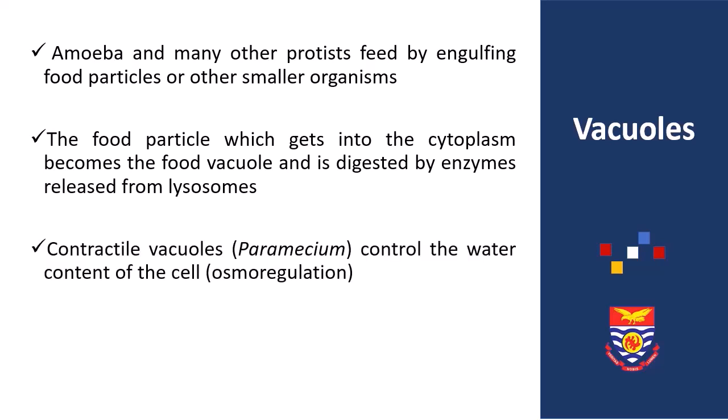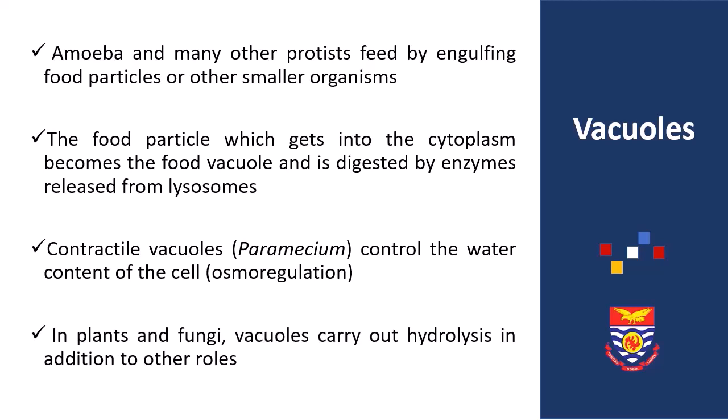Now, contractile vacuoles help in the regulation of water content of the cell, that is osmoregulation. An example is in Paramecium, which is a protist, and these contractile vacuoles help in pumping excess water out in order to maintain a suitable concentration of ions and molecules.